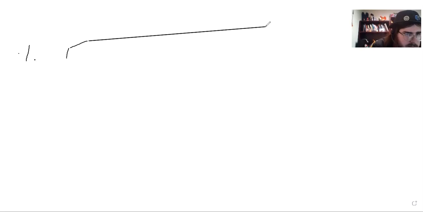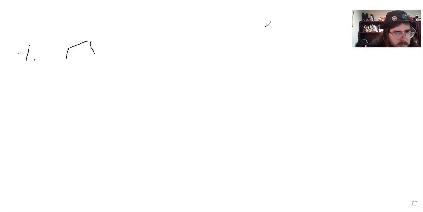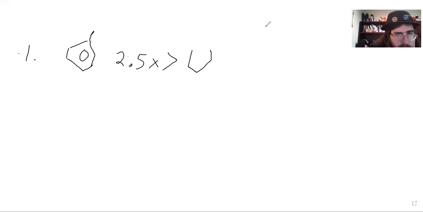If we look at the effect of alkyl substitution, toluene reacts 2.5 times faster than just benzene. That's because this is activated. If I want to add an electrophile on there, it reacts 2.5 times faster.